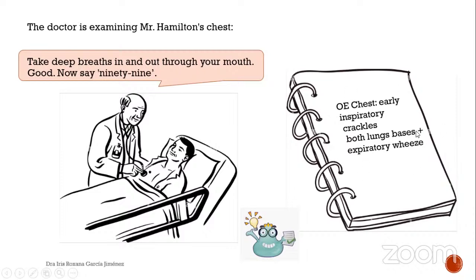As you can see, they are not describing all the maneuvers, not all the details, just going to the positive facts. If there is negative information, I mean normal information from the patient, it's not necessary to write it down in a note, just the most important details in the physical exam using abbreviations.